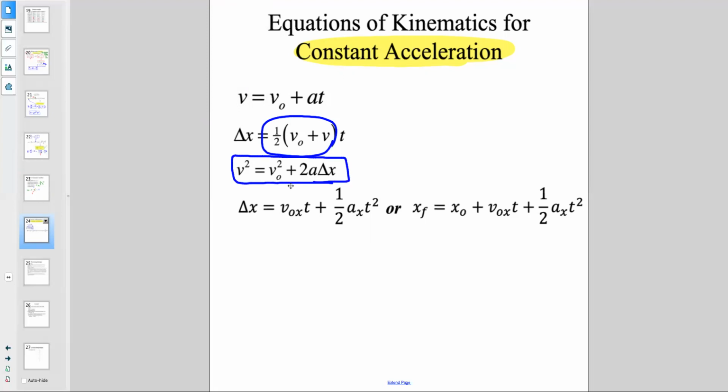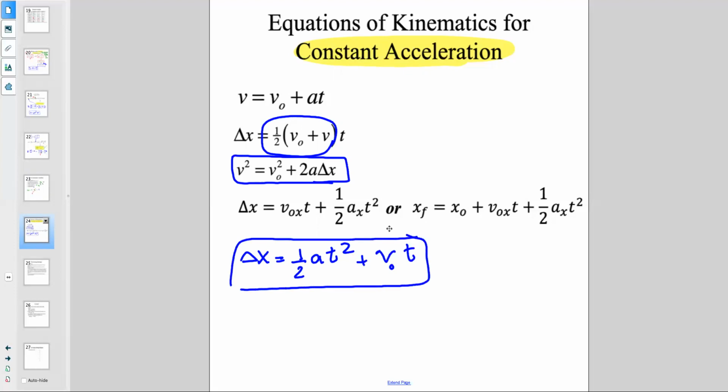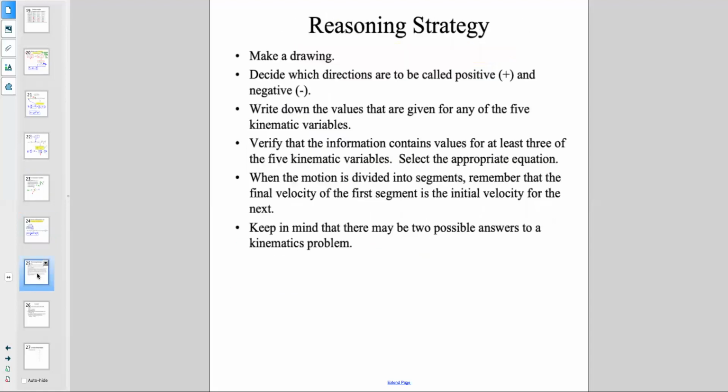And delta x, which I would like always to write like this: half at squared plus v naught t, okay? Kind of like that. So you'll see what I'm talking about once I start solving some problems for you.